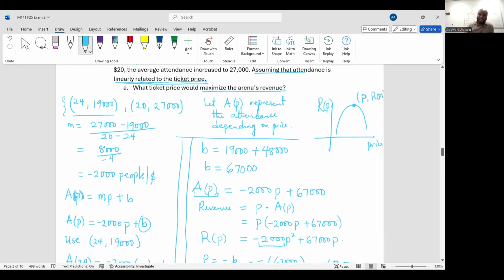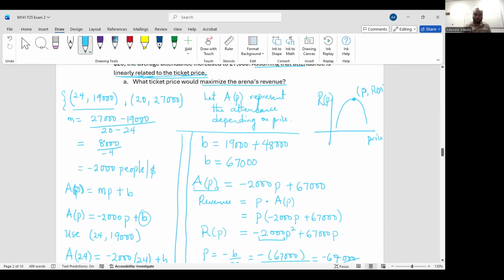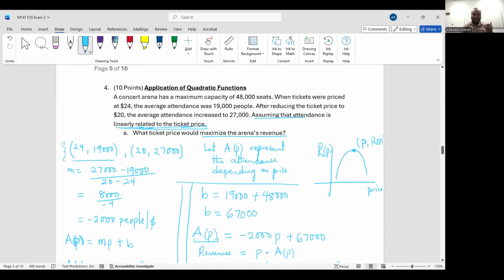Folks, what we have done here is not bad at all. Look at it. This happens to us maybe when you go to see movies, and you say, okay, when the price is so, we have this number of people. If we increase that price, then automatically the number of people that attend will drop. Then we can use that to model.